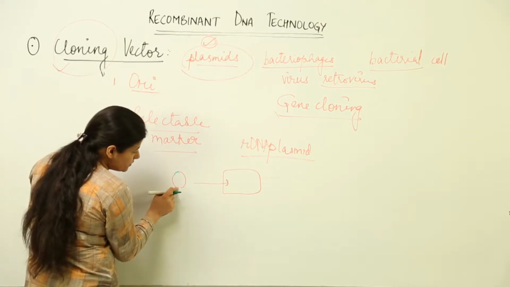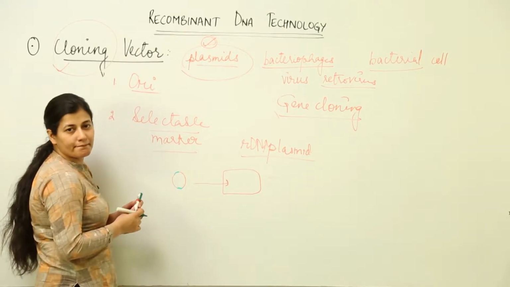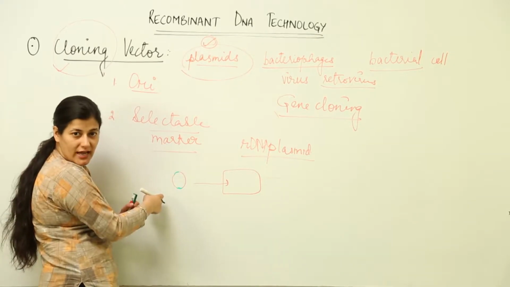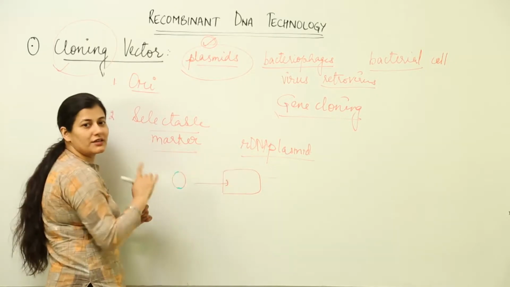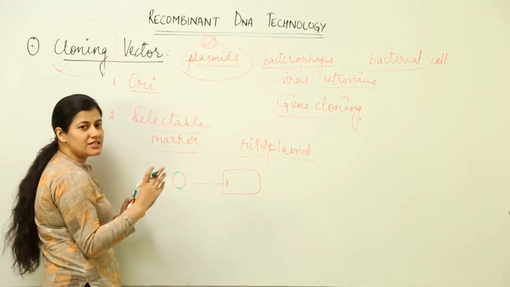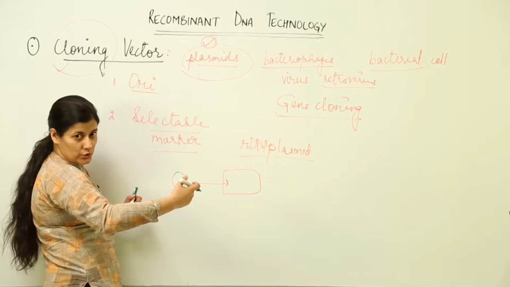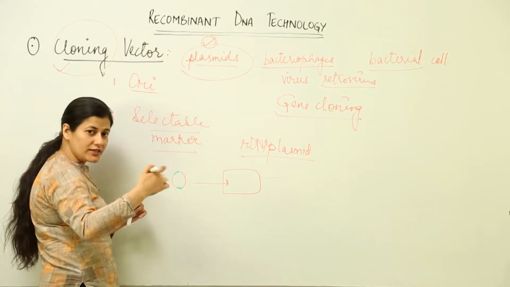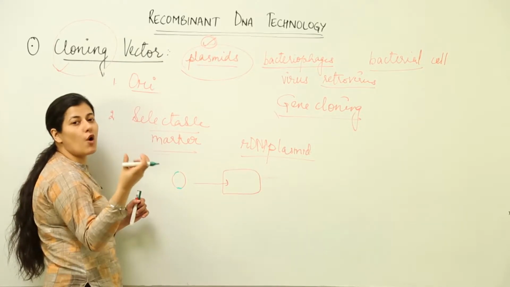Now we must mark it with some other characteristic or other ability which it originally doesn't have, so that we can make out that the host has been infected by the vector. Selectable marker is that characteristic which we deliberately put into the vector so that we get to know that a transformant has been formed or not.